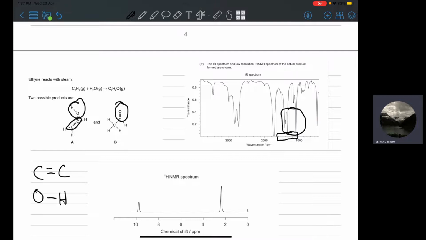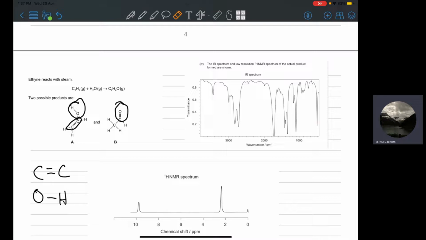So that is one hint. But you may still be a bit confused after this. So really the second thing you can look for, as confirmation that A is not your molecule, is the OH peak. Is an OH peak present?